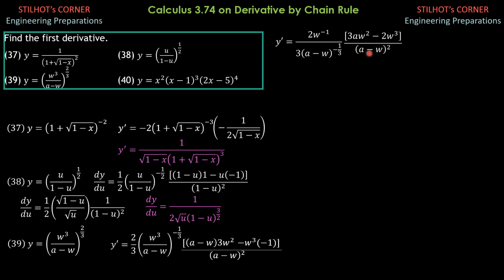Take note that these are like terms. We can combine this as a minus w to the 5/3. 2 minus 1/3 is 5/3.